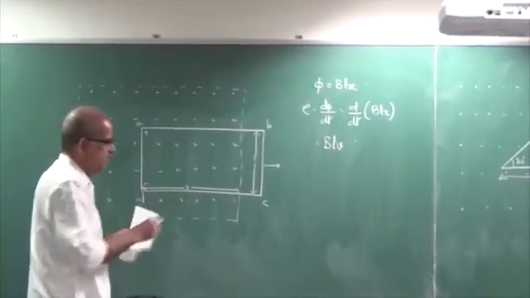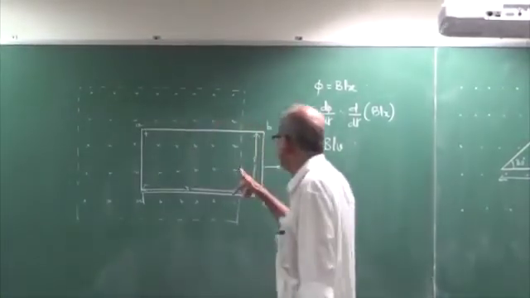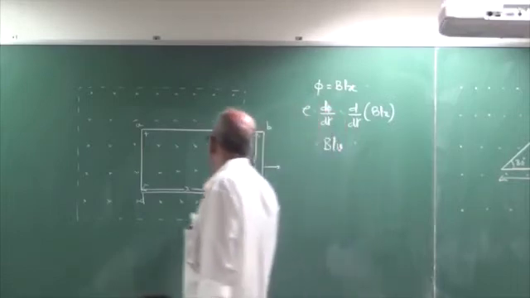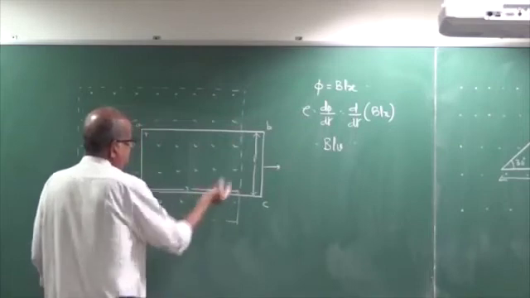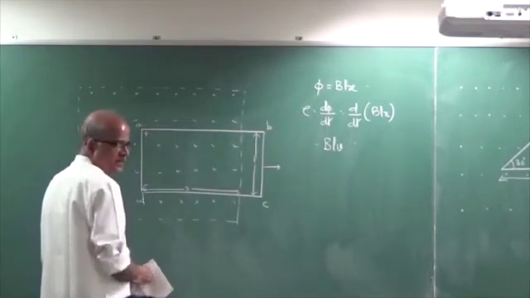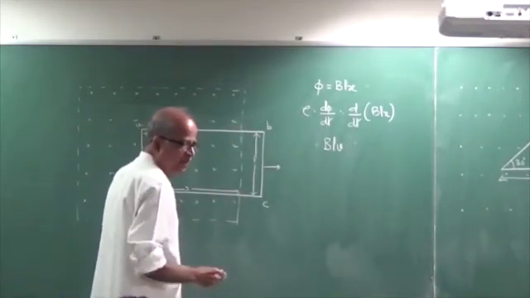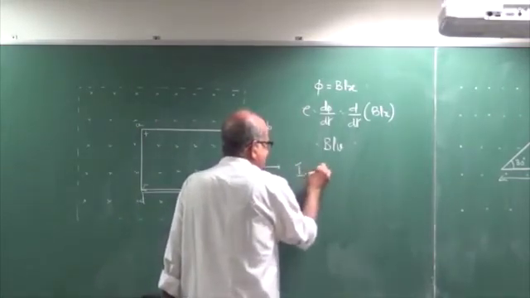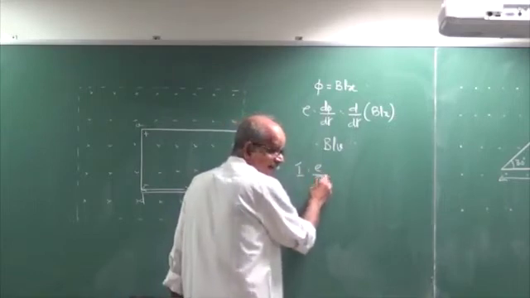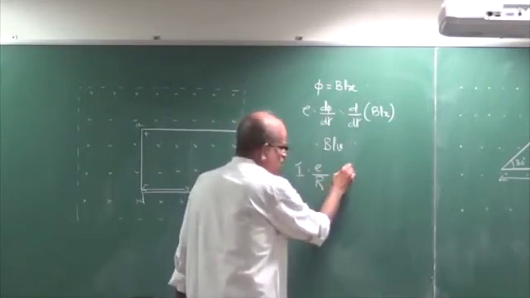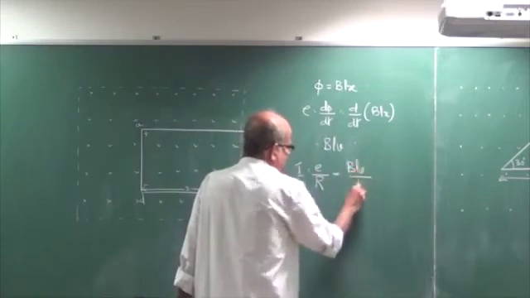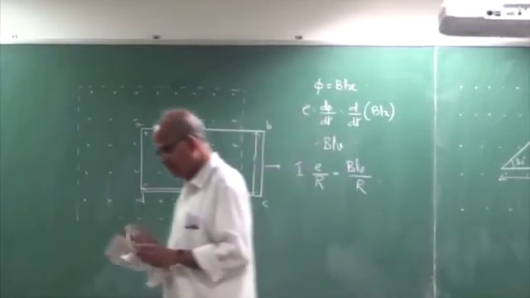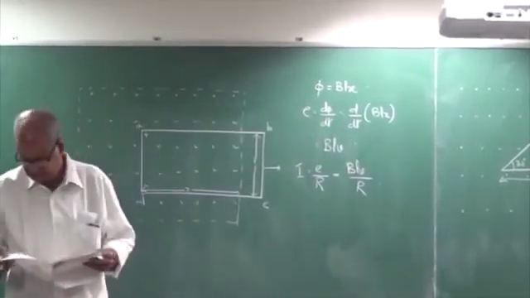Forefinger in the direction of the field, thumb in the direction of motion. What is the strength of the current? E by R, where R is the resistance of the loop. So, it is BLV by R, correct now? There is a current flowing in this.